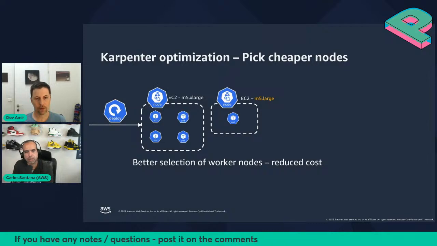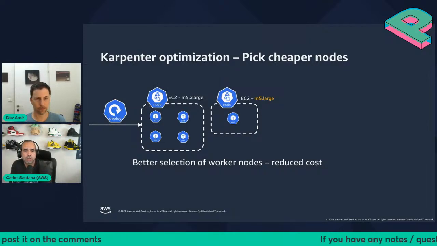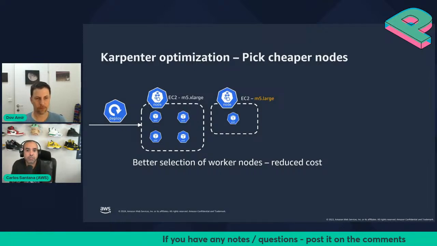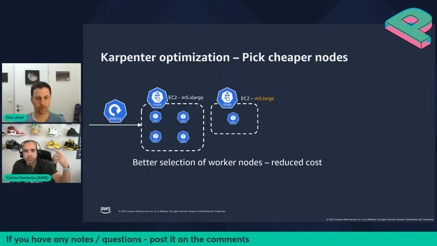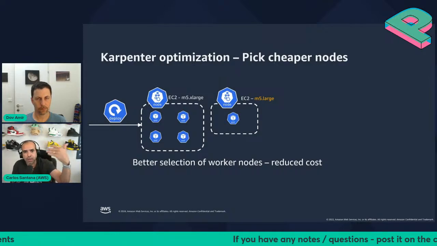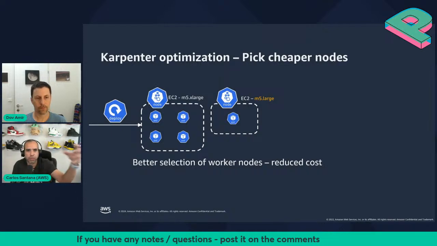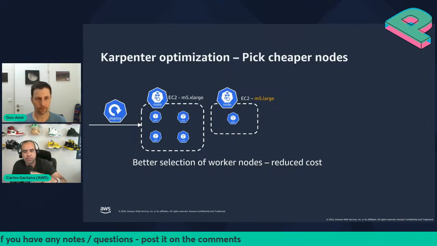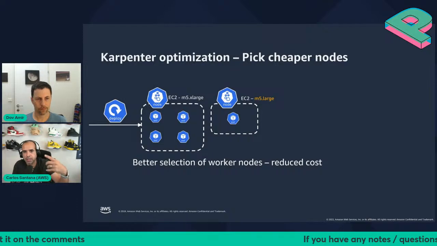Yeah, one interesting thing, if you are interested in looking into the code, this code is open source, it's in GitHub, and is now in the CNCF. There's a concept of simulation. Karpenter is very smart in that it is doing simulations behind the scenes to see what is the best use case for the end result. If I move this pod here, if I move that node here, if I get a different size, if I get a bigger size, how do I do the bin packing, right? So it's doing simulations behind the scenes. Very interesting.